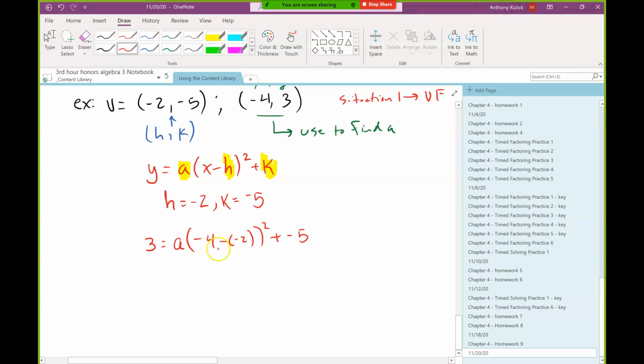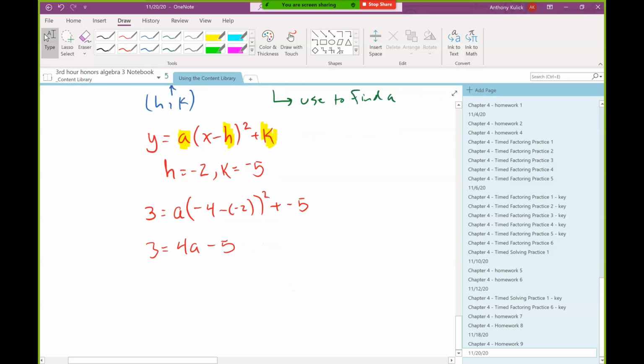So -4 minus a -2 is -2. And -2 squared is 4. So that really becomes 4a minus 5 equals 3. And now I can just solve for a. So add 5 to both sides and divide both sides by 4. And I get a equals 2.